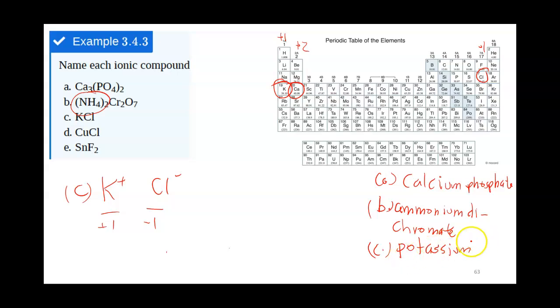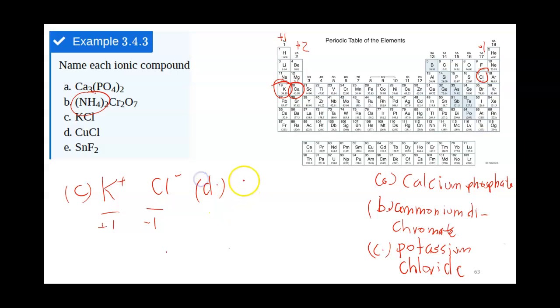And then we're going to follow that up with the name of the anion, which is pretty easy. We just take the stem name of our nonmetal and add the letters IDE to the end. So that's going to be potassium chloride.